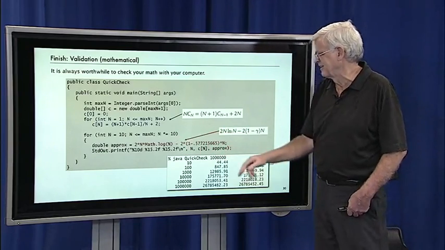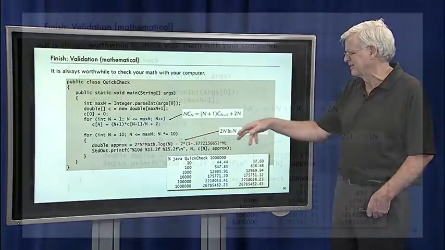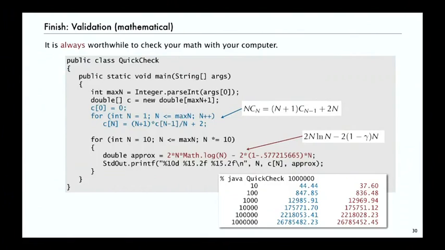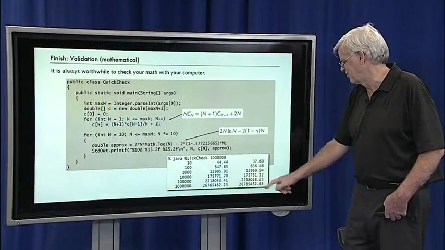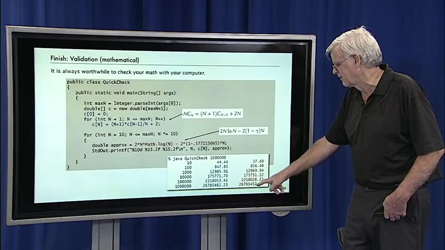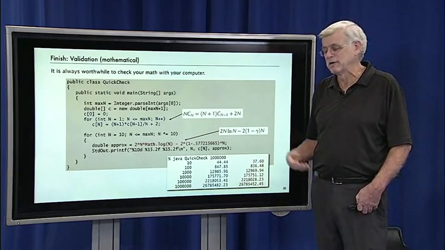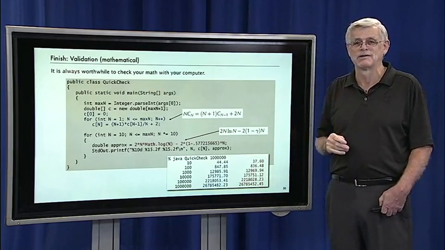That's 2n times Math.log in Java, which is natural log of n, minus, and look up Euler's constant, that value. And I can also, as I mentioned, compute the actual values of Cn. Then I can just print out a table, and sure enough, that's a check that we're within 30 for a million. That's pretty close. And we could actually get closer if we wanted.